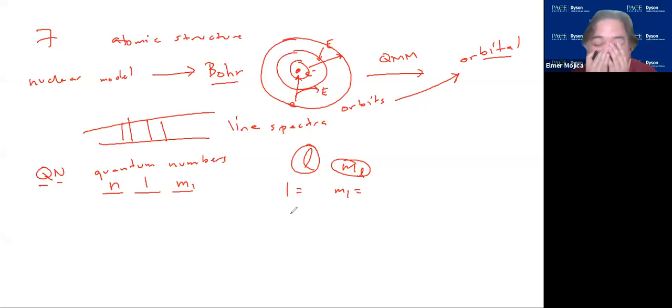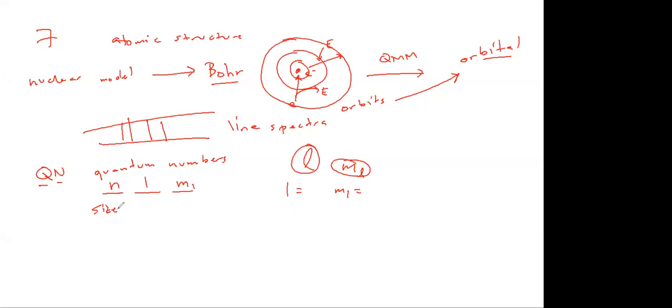So what do we say about these three quantum numbers? Although we said there are four quantum numbers, the last one is just the spin quantum number, but the first three describe an orbital, right? The first quantum number is the principal quantum number. It usually refers to the size.